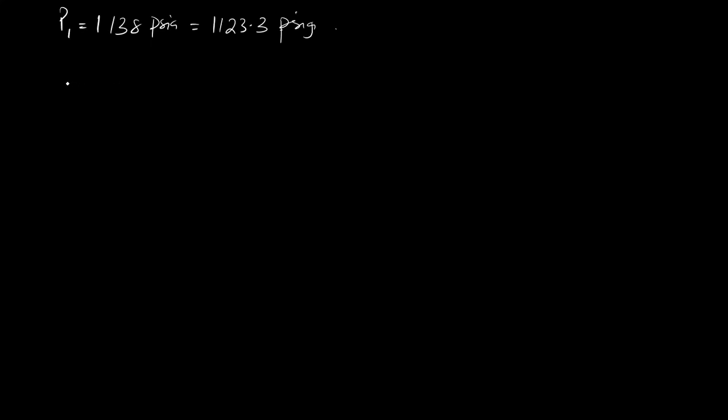Now that means the compression ratio of the two compressors, identical compressors, that's what we're going to use. So with two compressors, P1 divided by P2, the compression ratio will now be 1138 divided by P2, which is 714.7. So this will give us what?